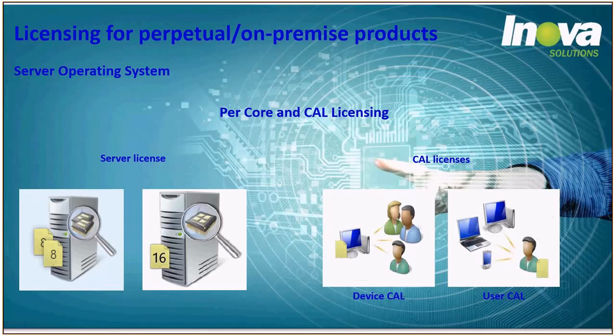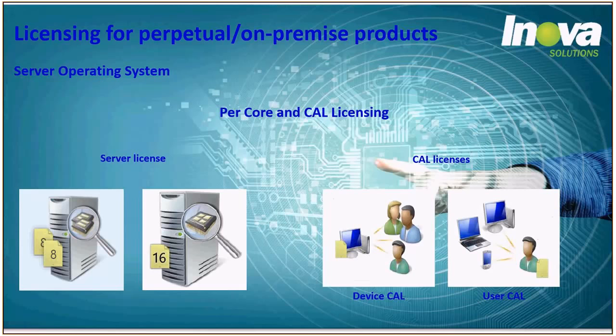You put a CAL license on the device, and what that does is that it allows multiple users to use that actual device. So in a scenario where you have more users than devices, and your users are accessing one device, you can use the device CAL, where you just license that device and you have multiple users being able to access it. But your device CAL must be on that device.